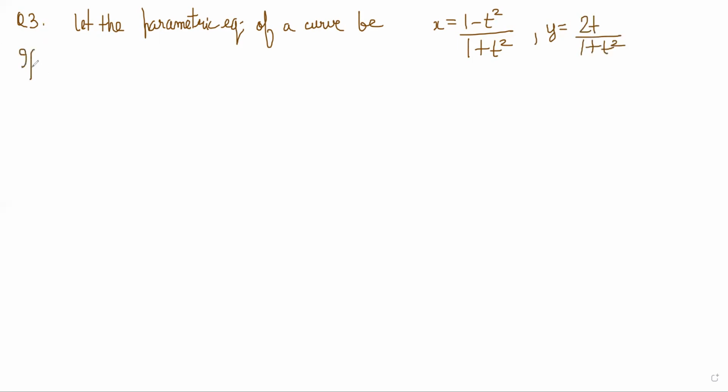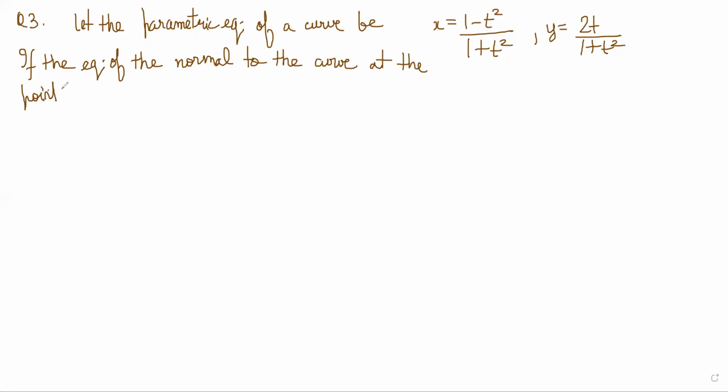Now, if the equation of the normal to the curve at the point t is equal to 2 is y is equal to ax plus b, then basically find 3 times a plus b.